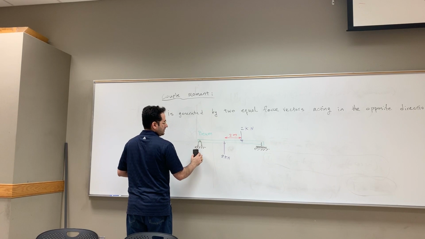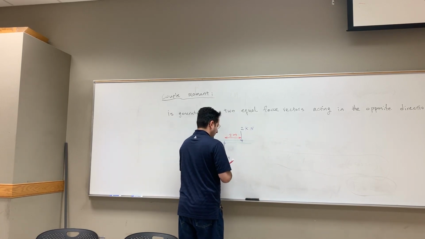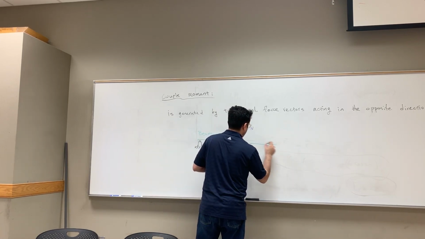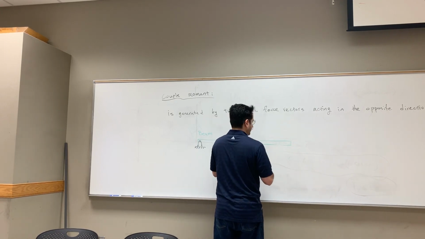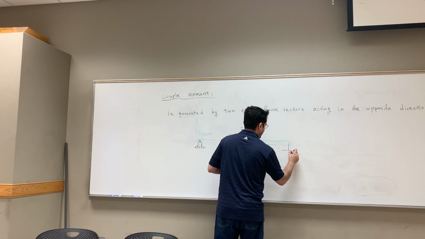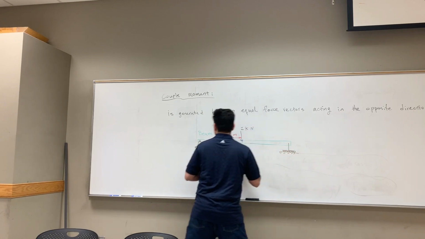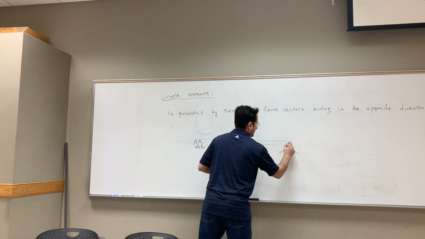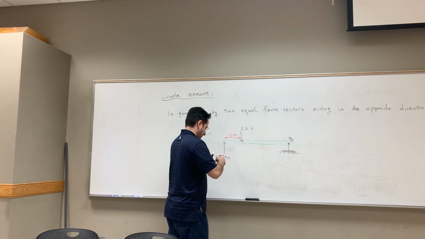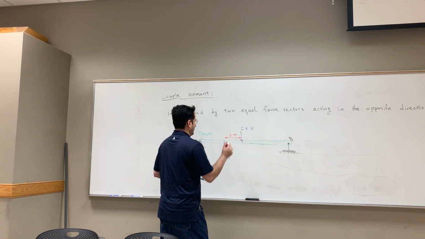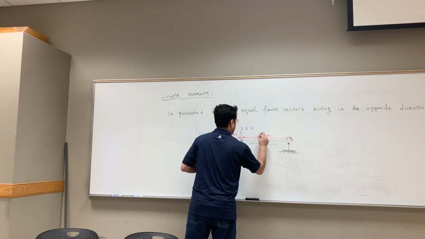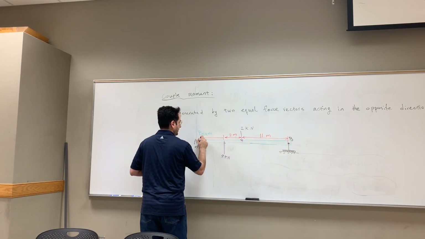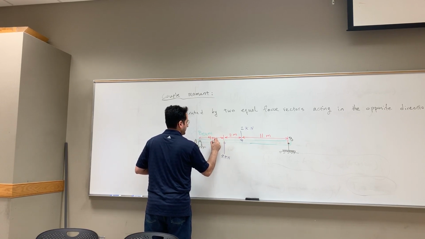And this distance, let's extend this a little bit. I don't want to be symmetric so you can understand how it is. So let's say this is point A, this is point B. That distance is 2, this distance is 11, and this distance is 4 meters.